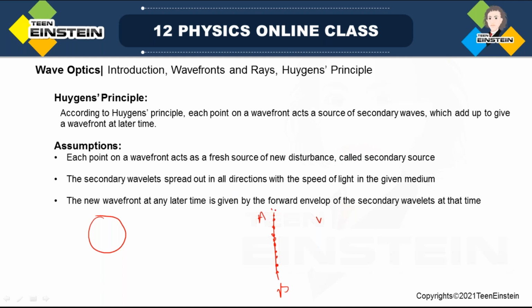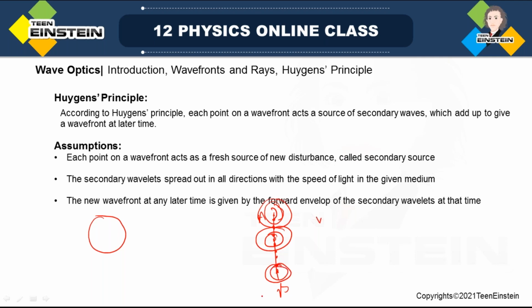That means they will produce mostly spherical wavelets in the nearby region. If I take another point, this also will create a wavelet like this, and another point will do the same.